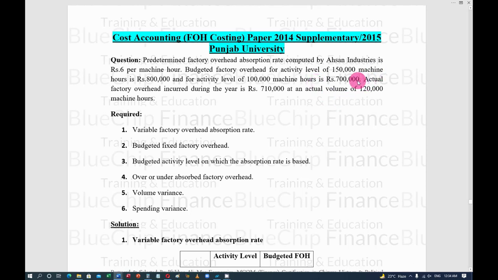So these are two activity levels, and the absorption rate is also given, that is rupees 6.